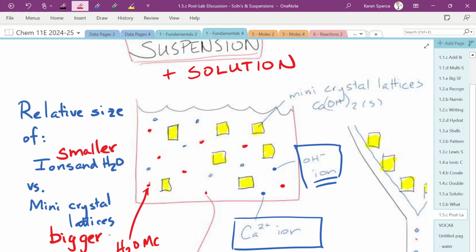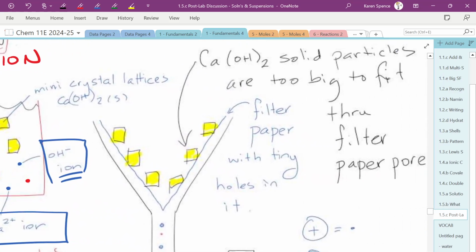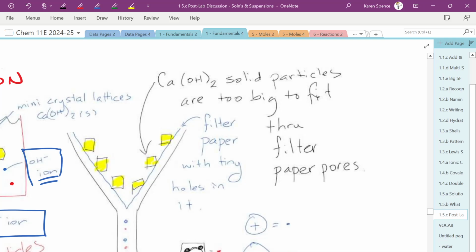Will it fit through the hole? Yes. What about the mini crystal lattice? No. And so that's what's happening here. The calcium hydroxide solid particles are too big to fit through the filter paper pores. And that's why the mini crystal lattices stay behind.